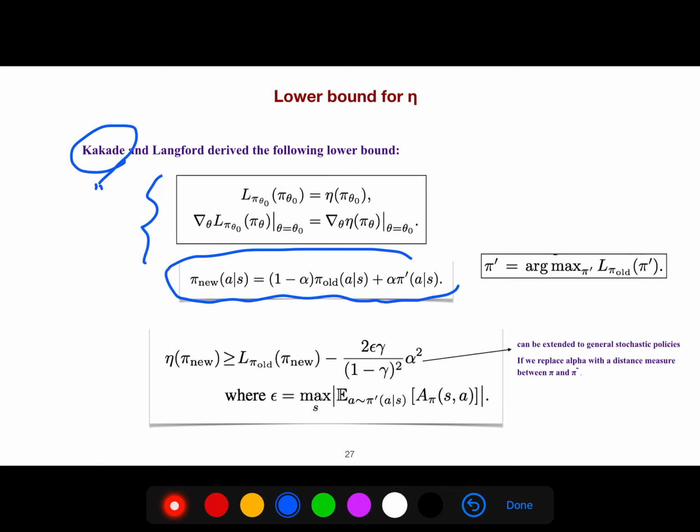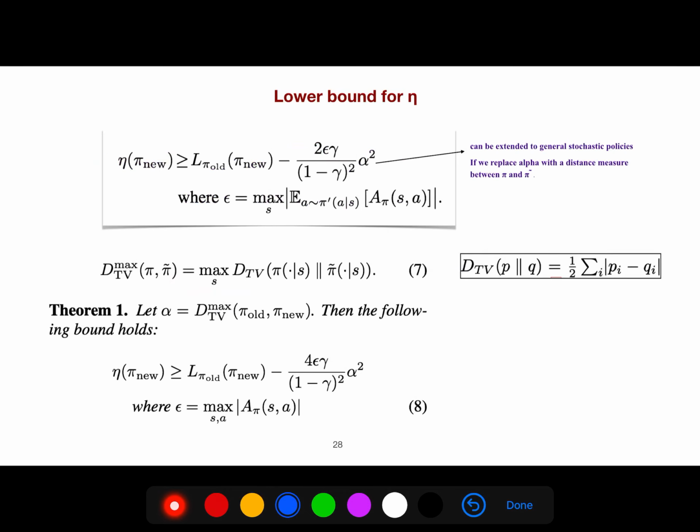Using this new policy, which is the combination of pi prime and the old policy, you can have a lower bound which is greater than the, just like the ELBO in variational inference, where you just maximize the ELBO. Here we have another lower bound. We just need to maximize that one.